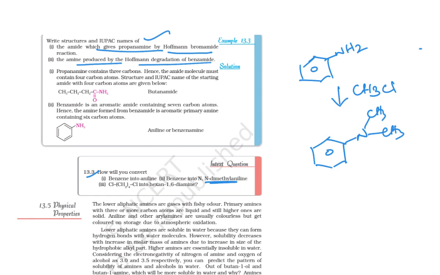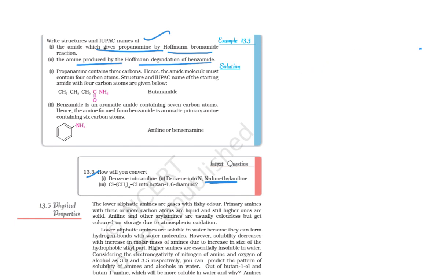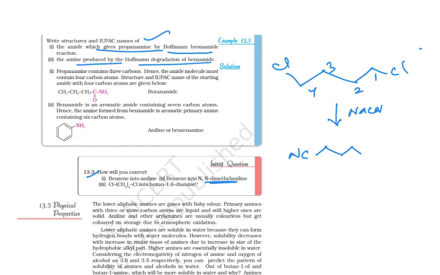One more reaction is there. That is 1,4-dichlorobutane. 1, 2, 3, this is the fourth position, right? So this is 1,4-dichlorobutane. It reacts with NaCN. So what is it going to give? It is going to give CN on both ends. 1, 2, 3, 4.